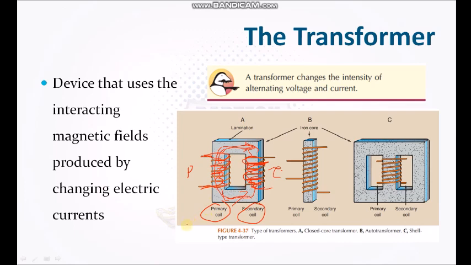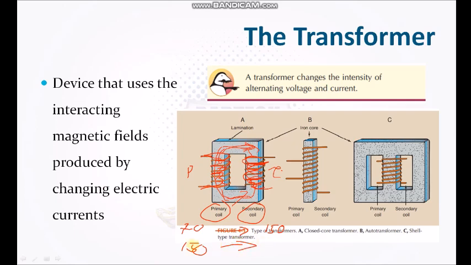If the primary coil is, let's just say 70, and on the secondary coil there are 150, so since proportional man ang number of turns and the voltage, if the number of turns is increased from the primary to secondary, then that means the voltage will also increase. So let's try to do an opposite.